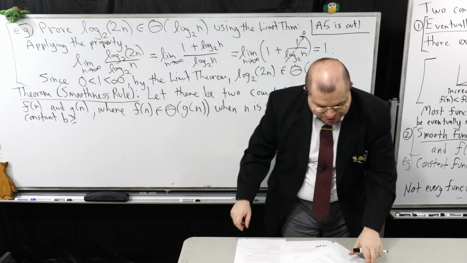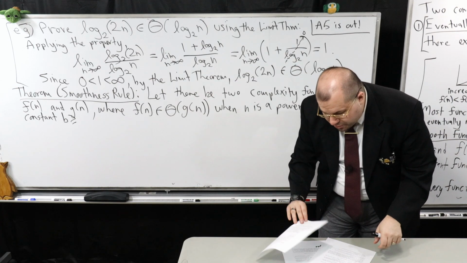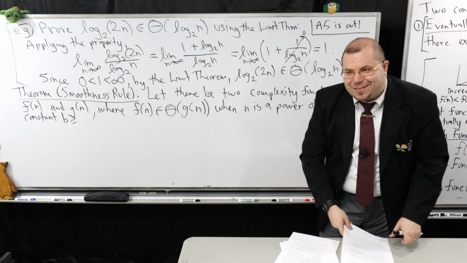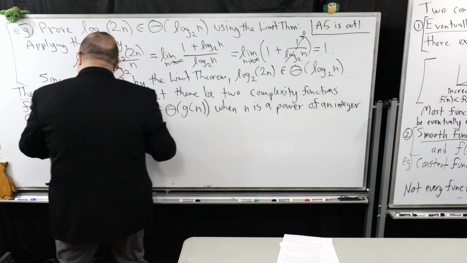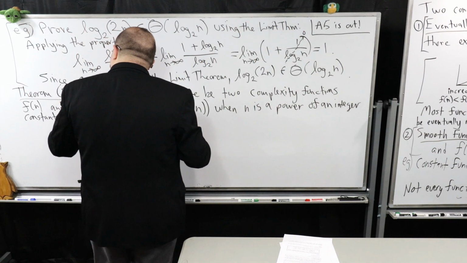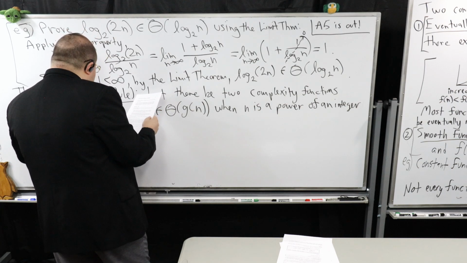I just want to make sure I get it right. Yeah, that's what I thought. So, integer constant b greater or equal to 2.